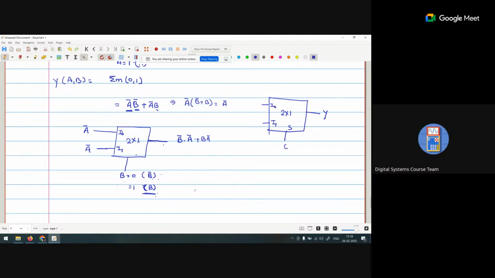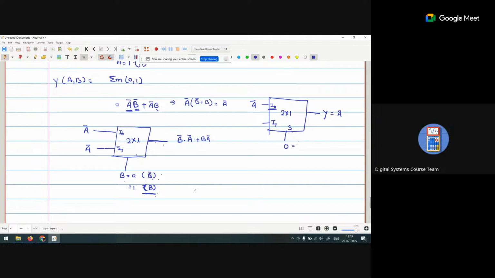What if I select S as 0? Which one is selected? I0 is selected, so can I connect A bar directly to I0? When S is 0, I0 is passed, so our output equation is A bar.